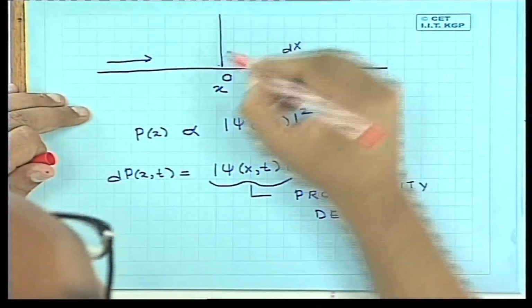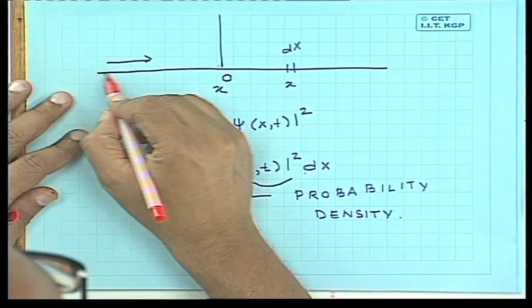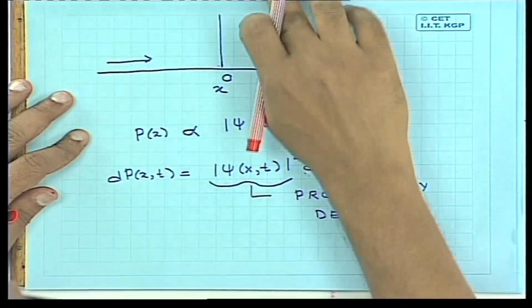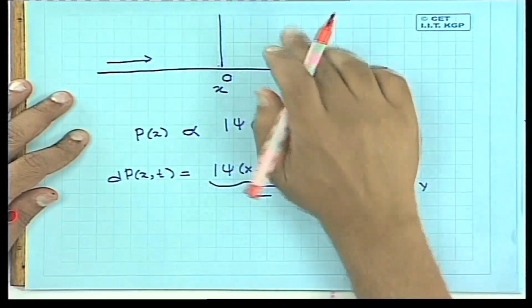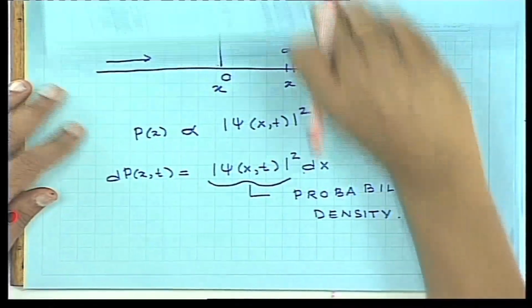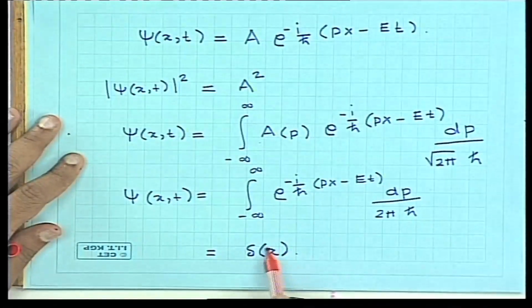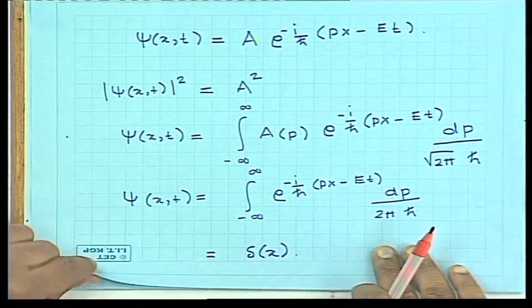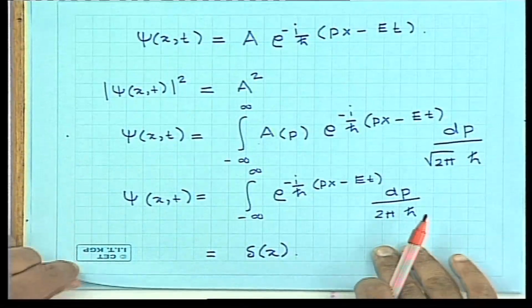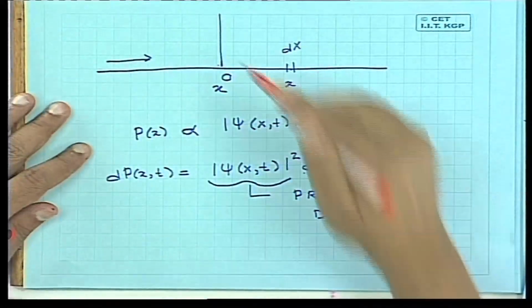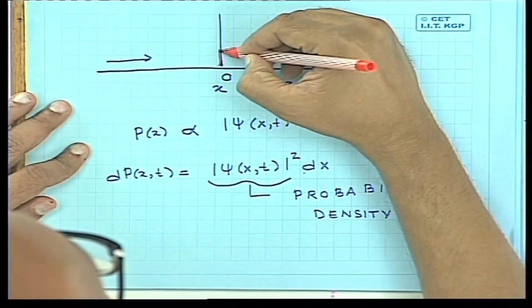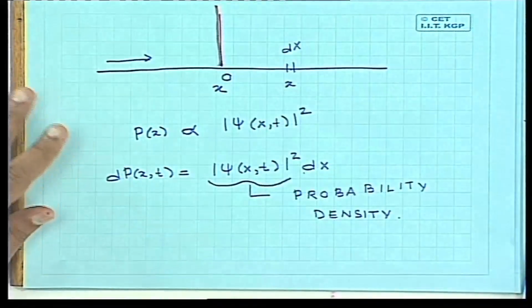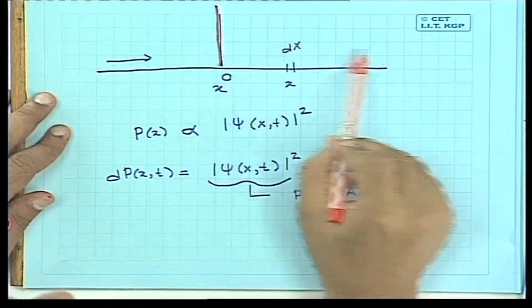I'll plot the function. The function is 0 everywhere except at x equal to 0. Wherever the argument of the function is 0, the function is non-zero. Elsewhere the function is 0. So in this case the function is non-zero at x equal to 0 and it is infinity at that value. Elsewhere this function is 0.